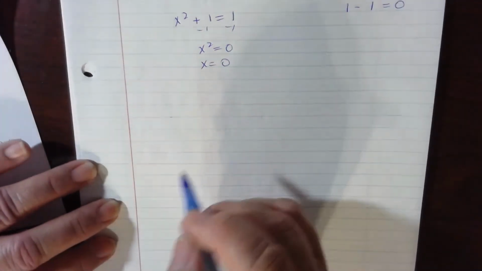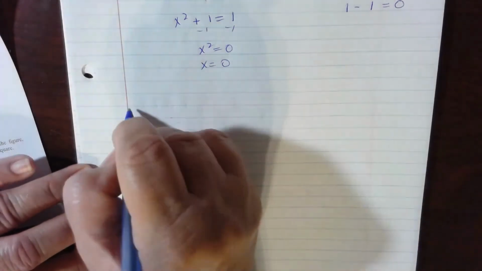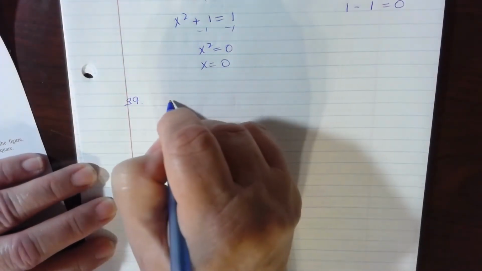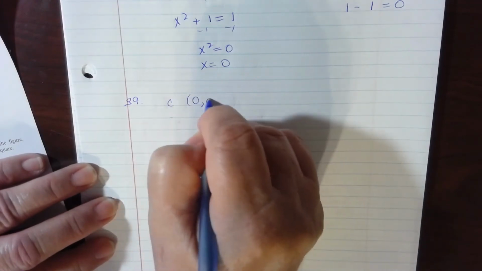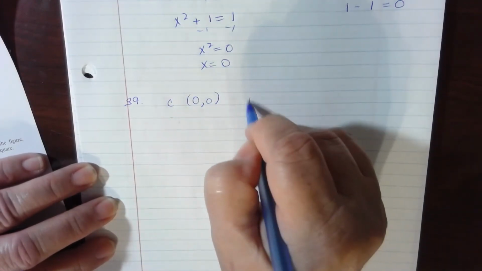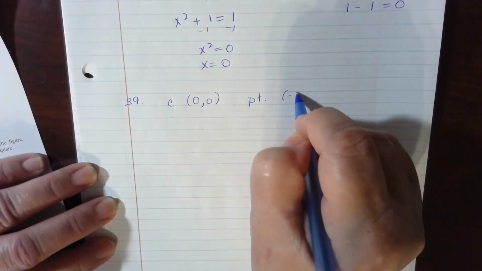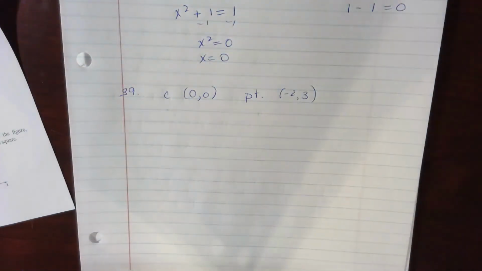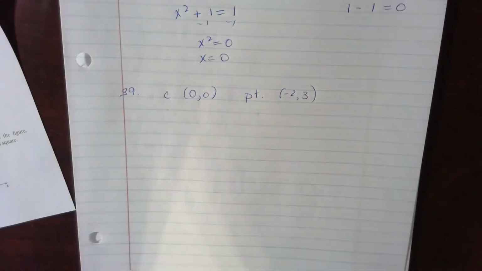Alright, now we're going down to number 39. And we're told that the center is at the origin, and there's a point on the circle, -2, 3. Alright, so let's see what that looks like. Let me draw one real quick here.